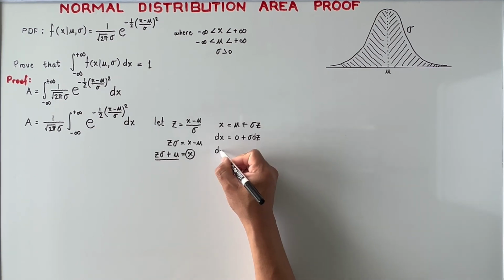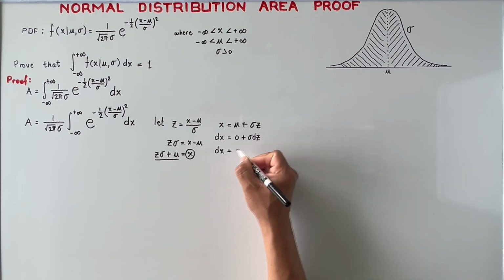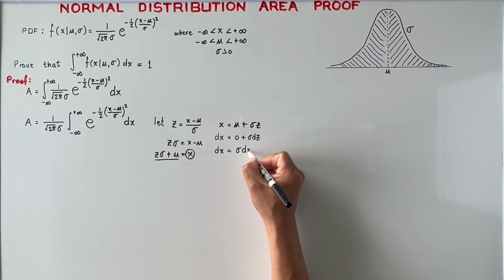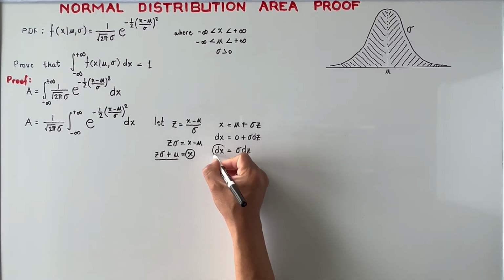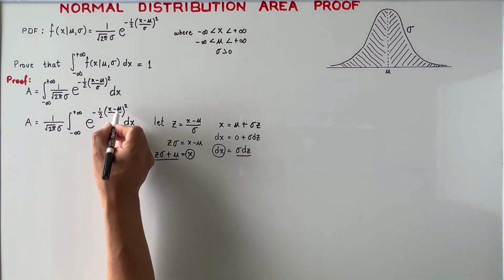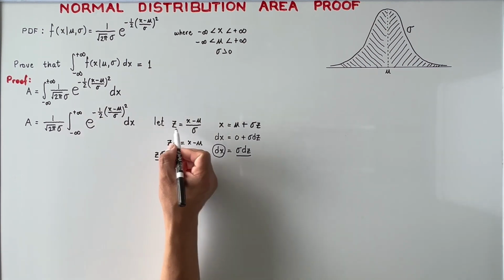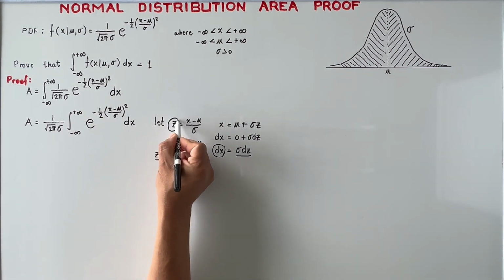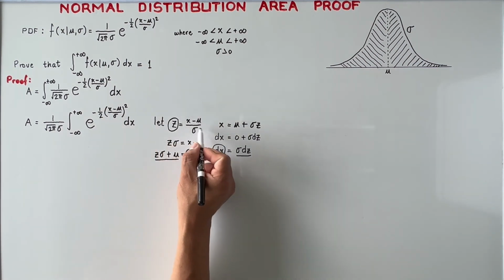So, in other words, dx is equal to sigma dz here. So, our representation of dx is this one. So instead of writing this one, we will substitute it by z, because that is our representation of this (x minus mu) all over sigma.